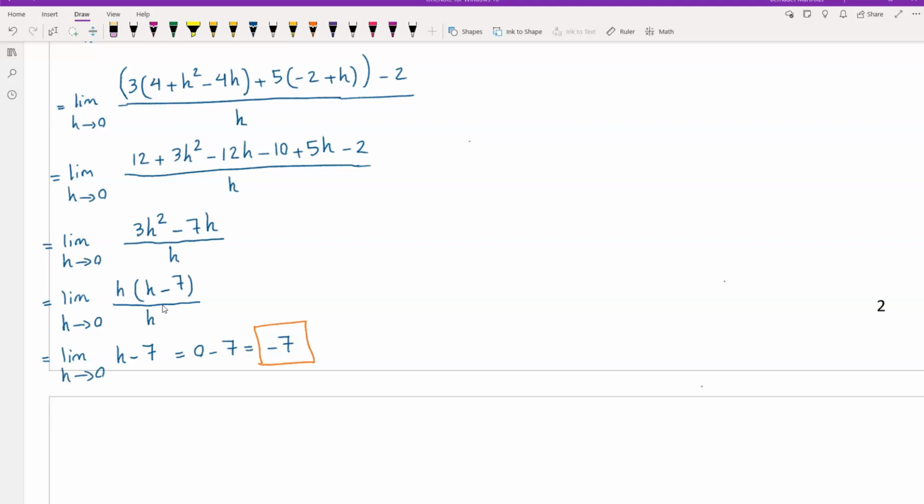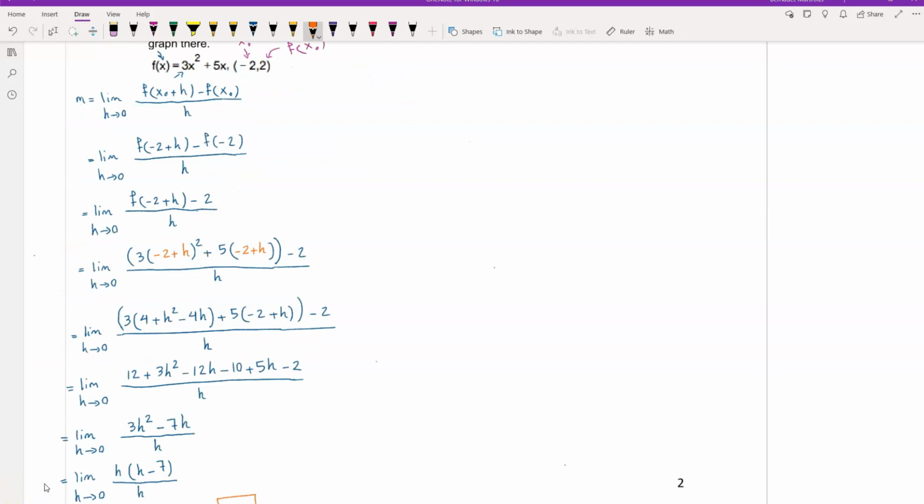So what we have here is h times 3h minus 7 divided by h. We can cancel this part. So what we're going to have is the limit of 3h minus 7 as h approaches 0. Now use 0 for h. The answer is 0 minus 7. So it's negative 7. That is our final answer for our slope.